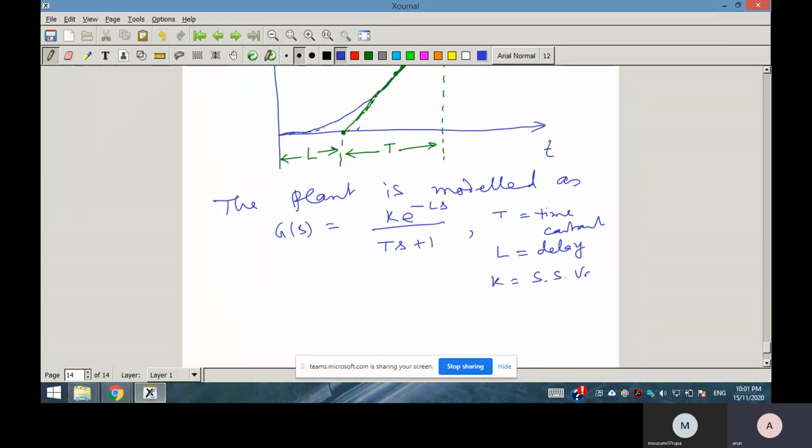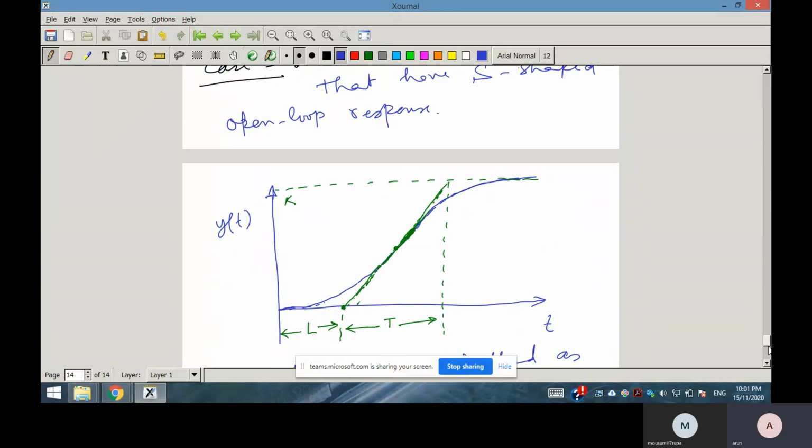So this is your first order time delayed model system. That means if a system has S-shaped kind of characteristics, then it is modeled first as first order.